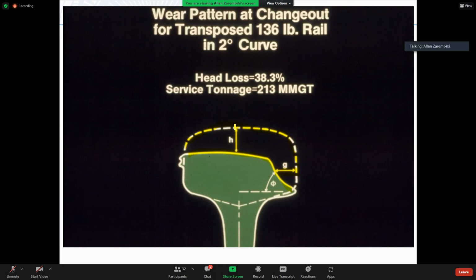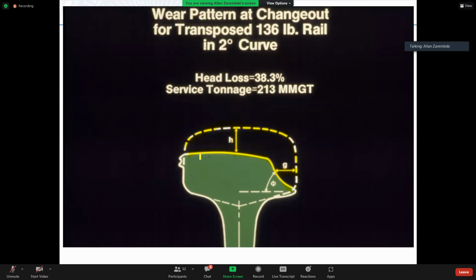So for example, you can have 12 millimeters of head wear here, and about 18 millimeters of gauge face wear here as a limit. It will vary with the size of the rail, because if you remember, a 60-kilogram rail has a larger head than a 50-kilogram rail, so you can afford to lose more metal. And so the standards vary as a function of the size of the rail.